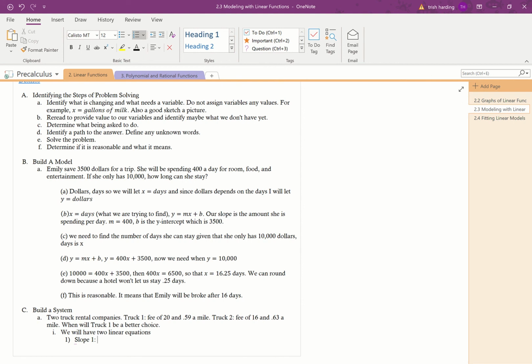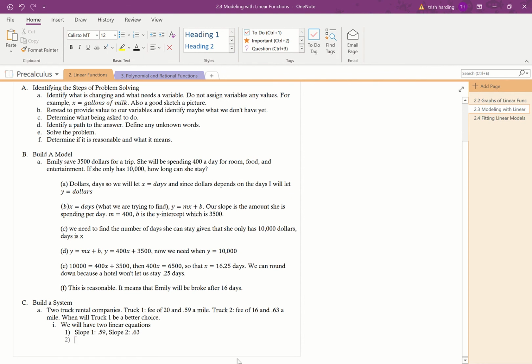And what do we think slope 1 is? It is that 0.59. Slope 2 will go with truck 2, and it is the 0.63. That is because for every 1 mile we go in X, you will go up 0.63 in Y, which is cost. So for every 1 mile you go up in cost. So that's why those are the slopes.